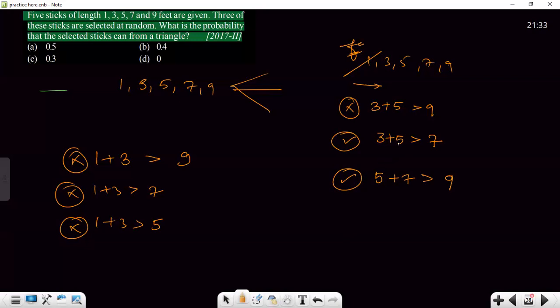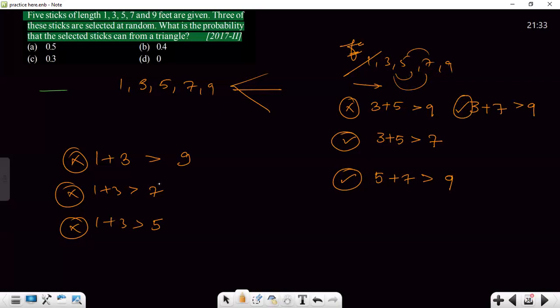Ha, we missed one case of 3. 3 plus 7 is 10, which is greater than 9. So this can also be a triplet. 3 plus 9, there is nothing greater than 9, so we'll not consider it. So 3 plus 5, 3 plus 7. Okay, done. And 5 plus 7, and nothing greater than 9, so 5 and 9 cannot be taken as the shortest sides.